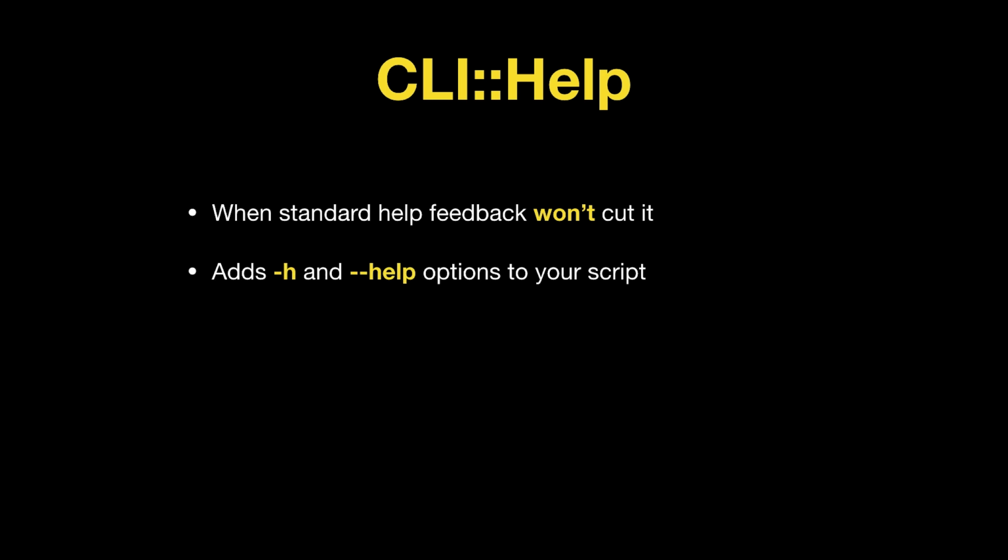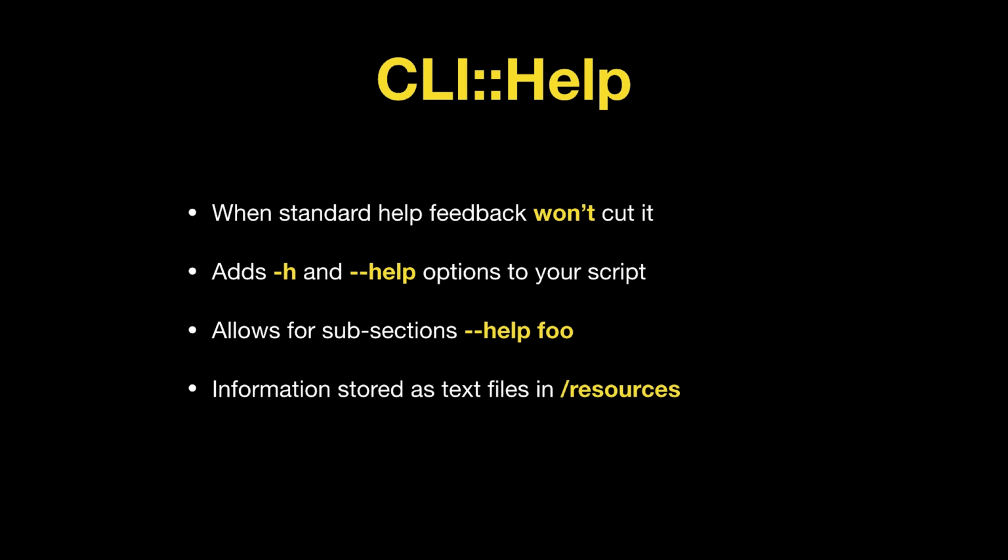It adds the -h and --help options to your script. It allows for subsections to your help, so you can go in deeper for certain help subjects, and basically uses the information stored as text files in the /resources of your distribution. You can find it there on Raku Land.